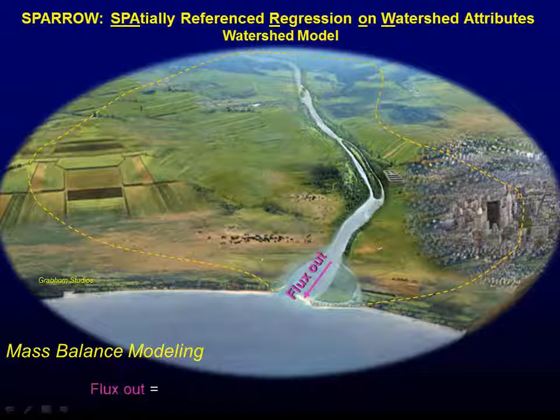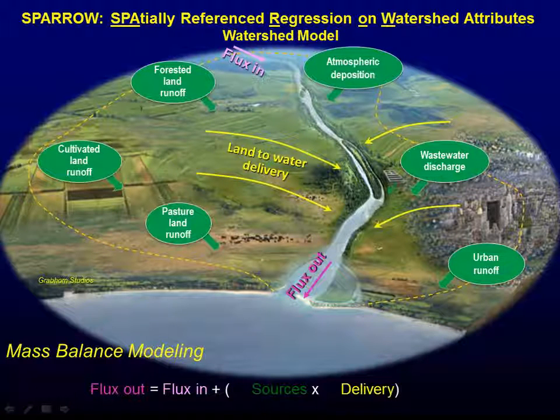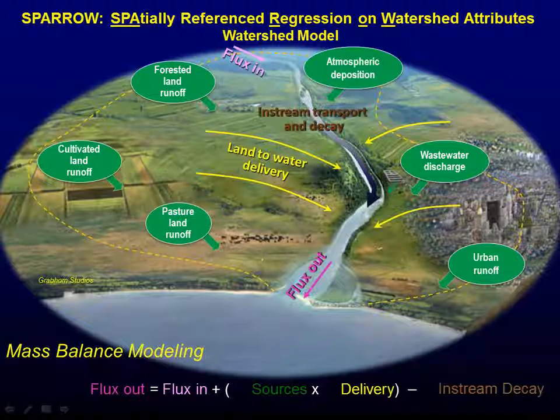Okay. Here's the second version of how this thing works. So here's this last watershed right here. You can see the dotted lines. If we want to estimate the total load out of that watershed, we take everything that's coming in upstream, and then we add all those sources. So we're adding everything from fertilizer, manure, atmospheric deposition. We add it to the landscape, and then we transport it all.